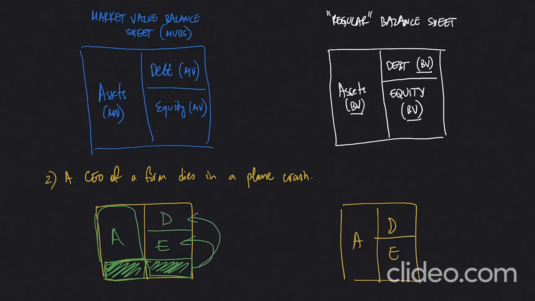Again, it depends on how risky the original debt was, something that we'll cover in the second part of this course. But it is almost universally the case that the value of equity of this firm is going to decline as a result of this event. And so therefore, we're going to see that the stock price reaction is going to be negative and the market value of equity of this firm is going to decline.